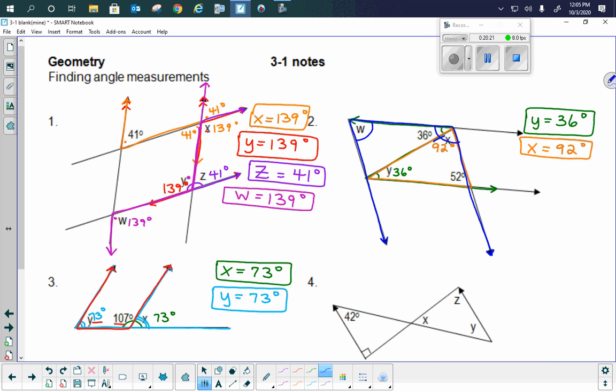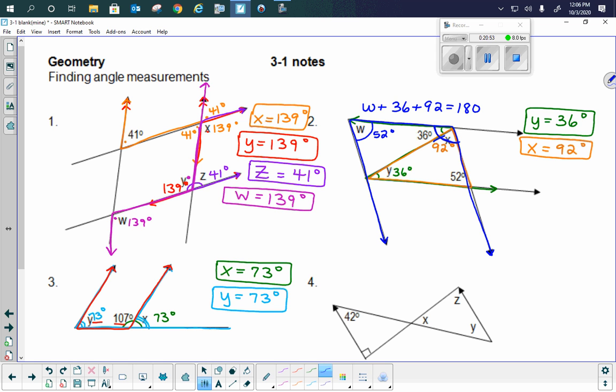So that is basically telling us that W plus, over here on the right, you've got the 36 and the 92. So you're telling me W plus 36 plus 92 equals 180 because they're supplementary. So again, I'm adding 36 and 92 and subtracting from 180. That's the same thing you would do if you're solving that equation. And that will give you that W equals 52 degrees.